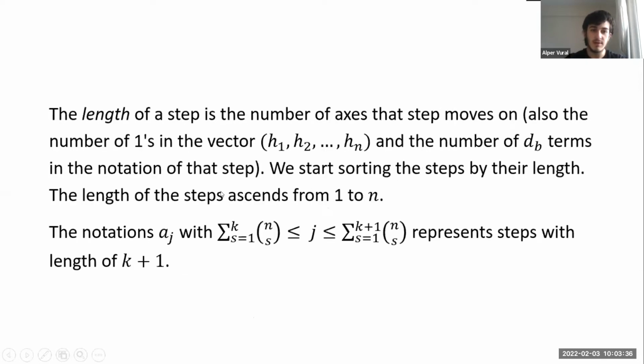We call the length of a step the number of axes that the step moves on. That's equivalent to the number of ones in the vector h1, h2, ..., hn, and also the number of di terms in the notation of that step. We start sorting the steps by their length. The length of the steps ascends from 1 to n. That means that the notations aj with j like that represent the steps with length of k plus 1.